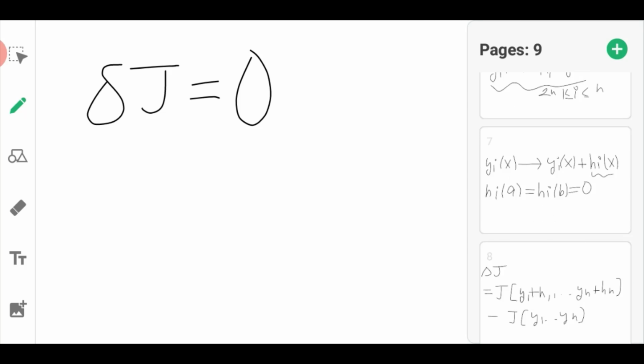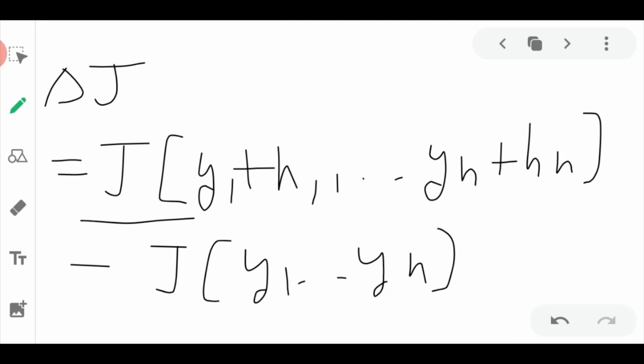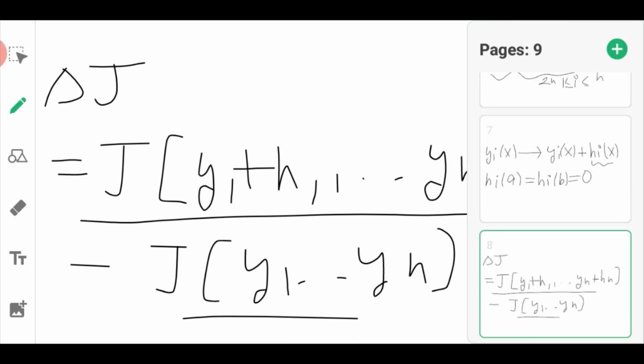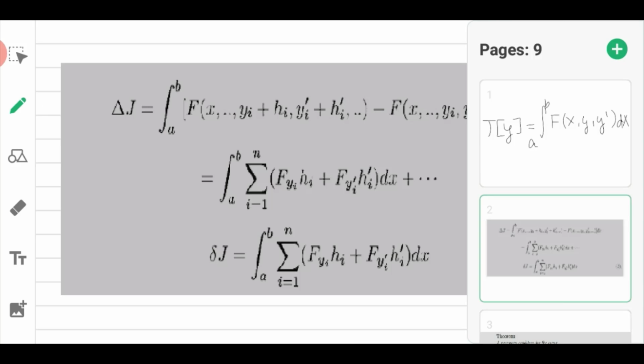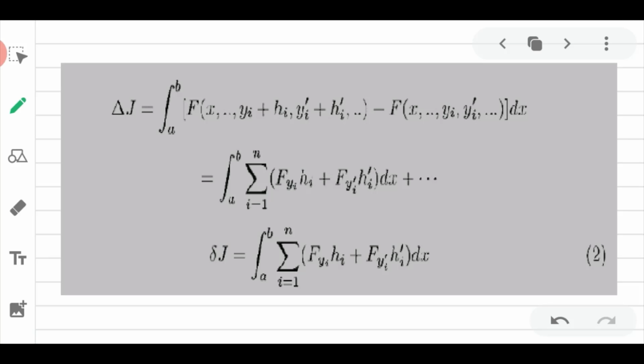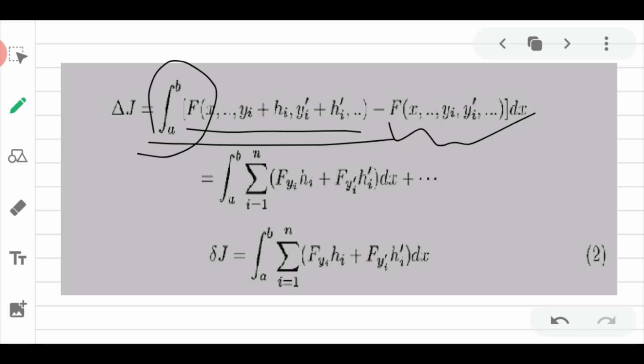So let's skip the part and see what we can do with this. We put these values in the integral form, and we get the integral from a to b of F of x, y1 plus h1 and so on, minus F of x, y1, dot dot dot, y prime and so on, with the dx outside the bracket.